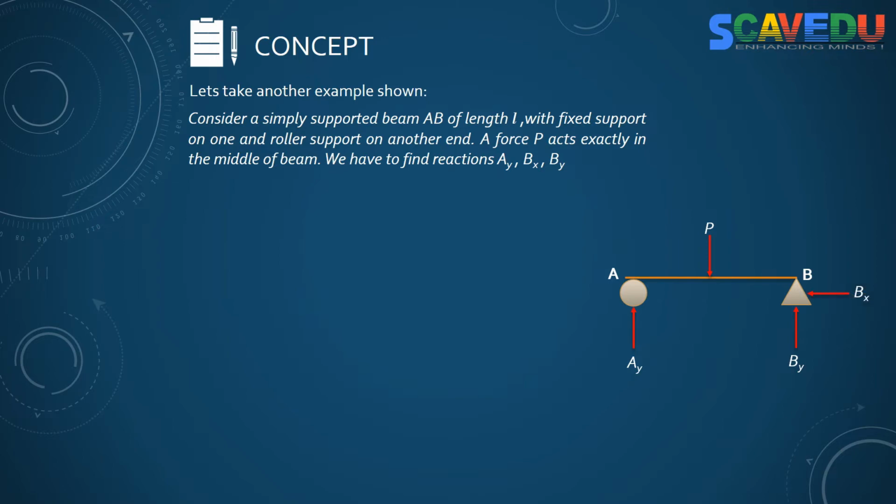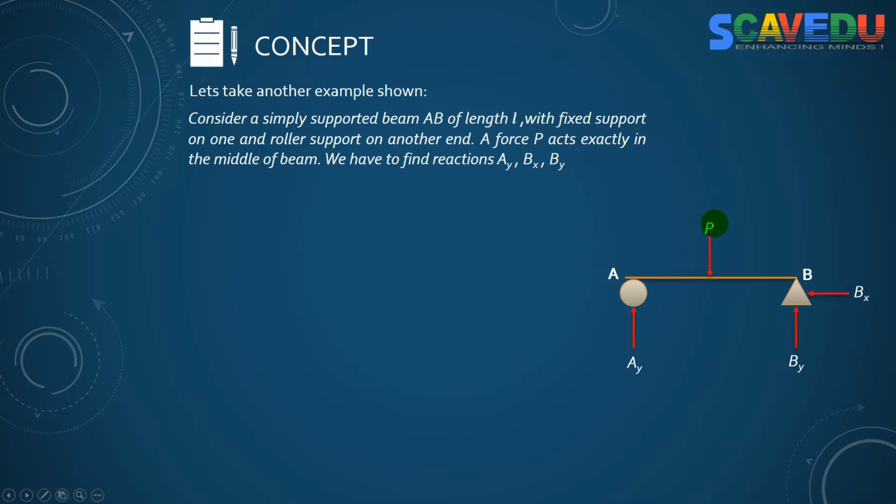We know that the roller, this ball support, can move in all other directions except vertical. That is why it has only a vertical reaction, and the fixed support cannot move here and there, so it will create two reactions, one in the X direction and one in the Y direction. Now the question is, we have to find these reactions, that is AY, BY and BX, in terms of P.